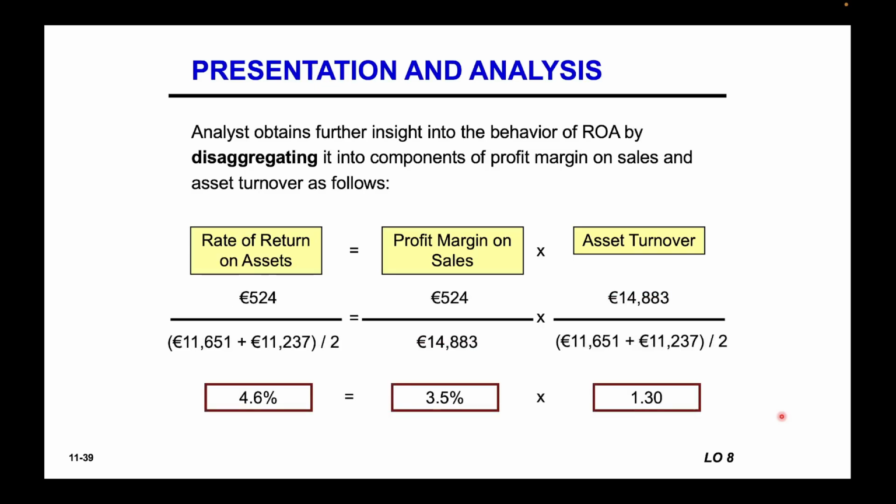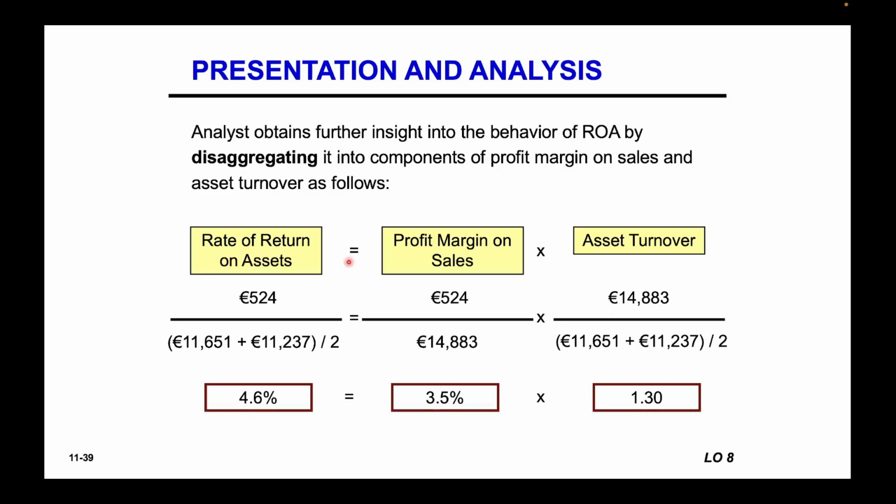Let's take a closer look at how we can break down the return on assets for deeper insights. We have already discussed that ROA can be disaggregated into two components, the profit margin on sales and the asset turnover ratio, and this slide demonstrates how these calculations work together. For Adidas AG, here is how each component of the ROA is calculated.